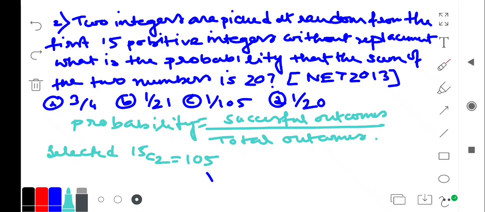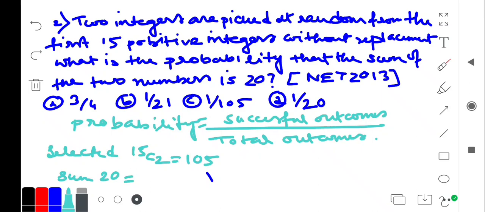You may calculate. Okay, so now I have to make the sum of two numbers 20. So what can the sum 20 be? If picked up, ultimately the sum should be 20, from 1 to 15. So we have to select two numbers from the 15 integers in such a way that their sum will be overall 20, not to be greater than 20, not to be less than 20, that is exact 20.